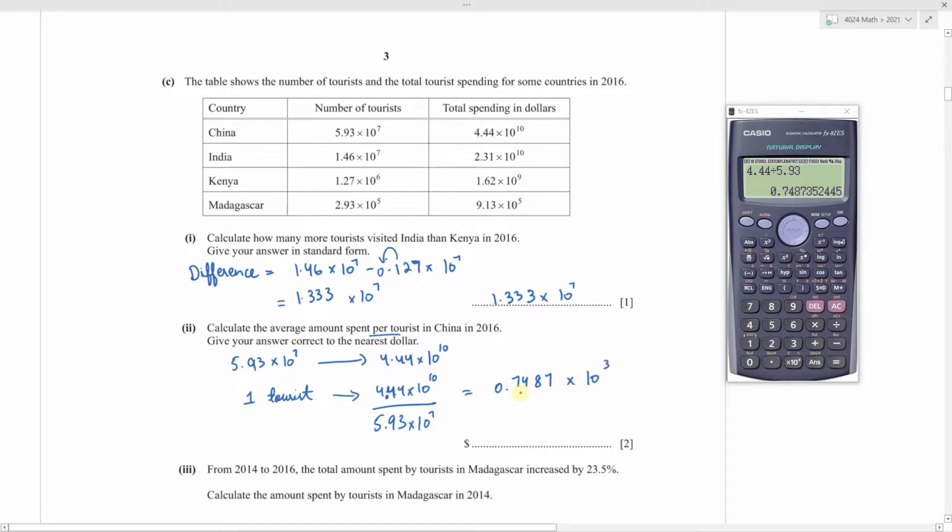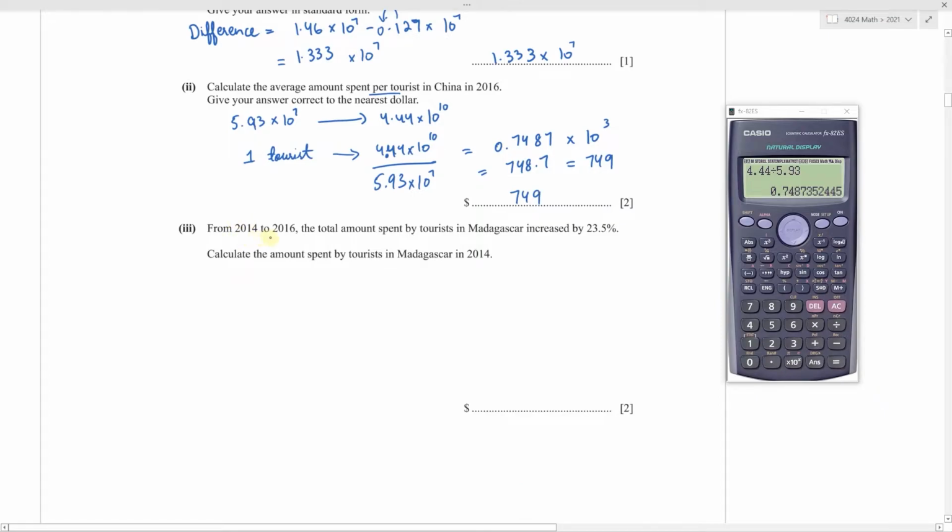So that means I have to move the decimal 3 places to the right if I'm multiplying with 10 power 3. So 1, 2, 3. So this will be 748.7. And now you have to round it to the nearest dollar. So this is 7 here. So this will be rounded up to 749. So your answer here is $749.